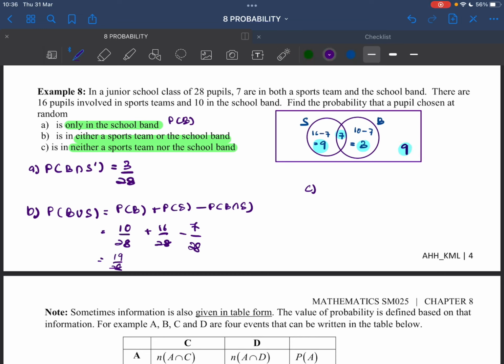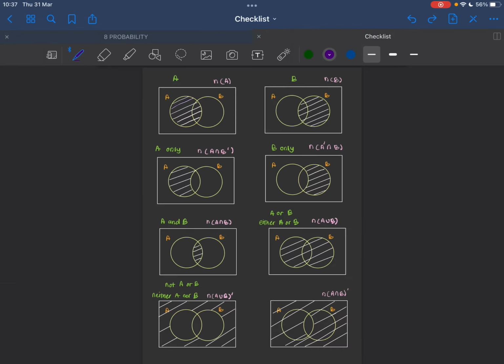If we are using the formula, neither nor will be P of (S union B) prime. So the same thing as 1 minus P of (S union B). The prime is outside. P of (S union B) prime, that is your neither nor. This one.